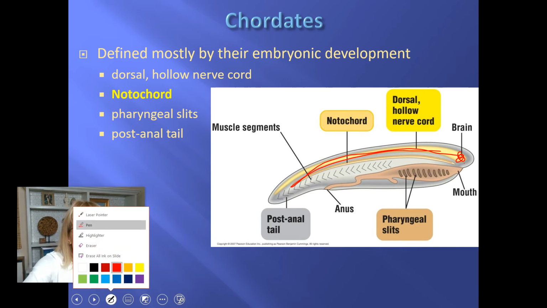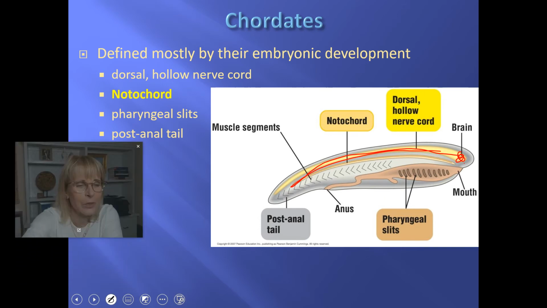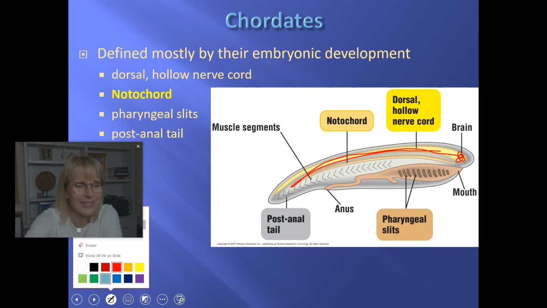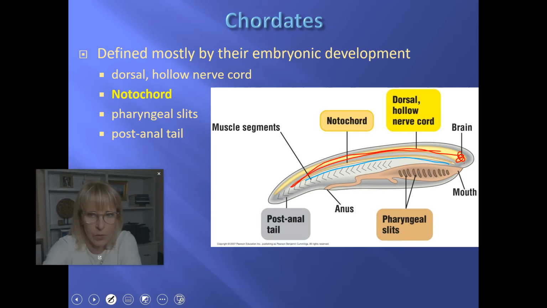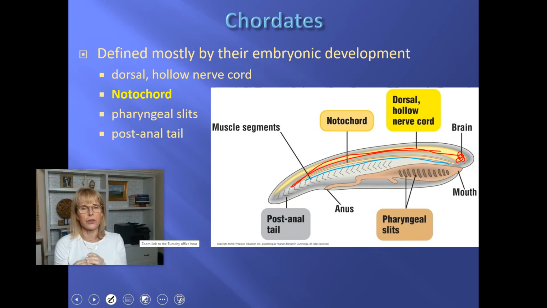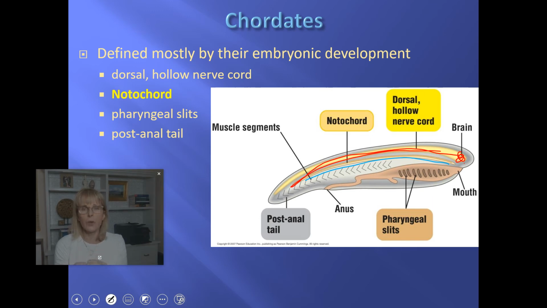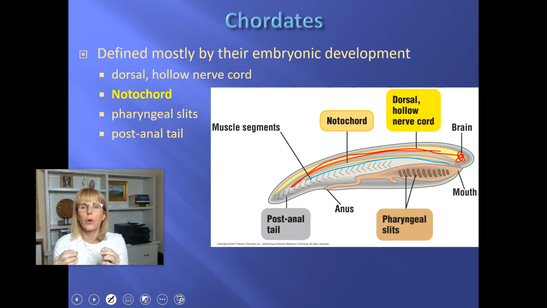This thing right here, that is the notochord. The notochord is a very early structure in development. As we get up to things like fish, that notochord is going to end up becoming your backbones, okay?